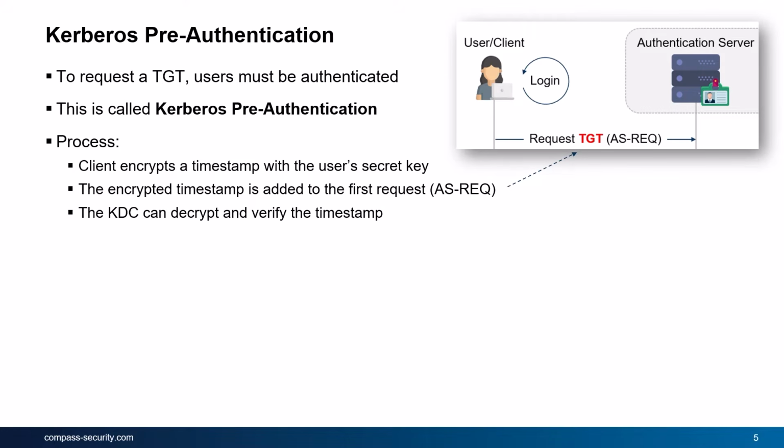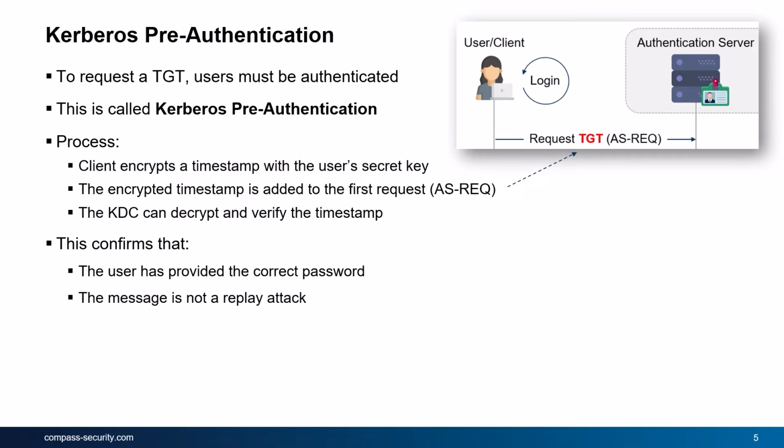The process for this is quite simple. The user's client will encrypt the current timestamp with the secret key, so the long-term key of the user's account. Then this encrypted timestamp is simply added to the first request, the AS-REQ. The KDC, since it has access to all the key material of the user as well, will be able to decrypt the timestamp and verify that it is still fresh.